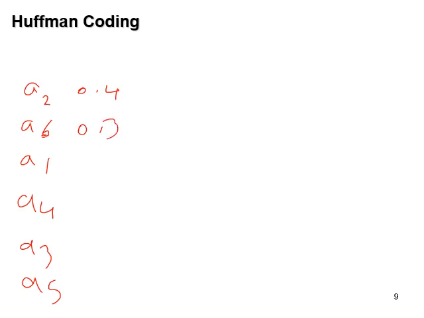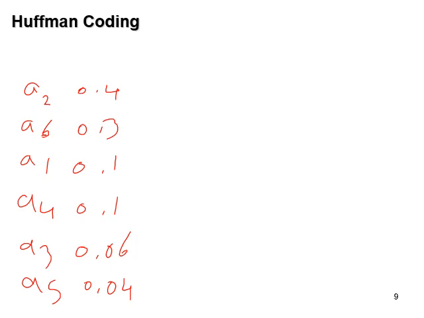So let's do it here step by step. I'm going to write one more time the table that we have, because this is the beginning of solving this problem. So we have A2, A6, A1, A4, A3, A5, and we have here 0.4, 0.3, 0.1, 0.1, 0.06, and 0.04. So this is how it goes.